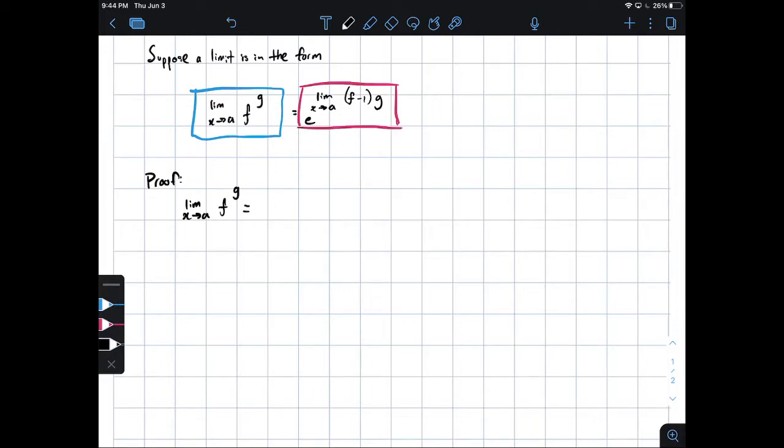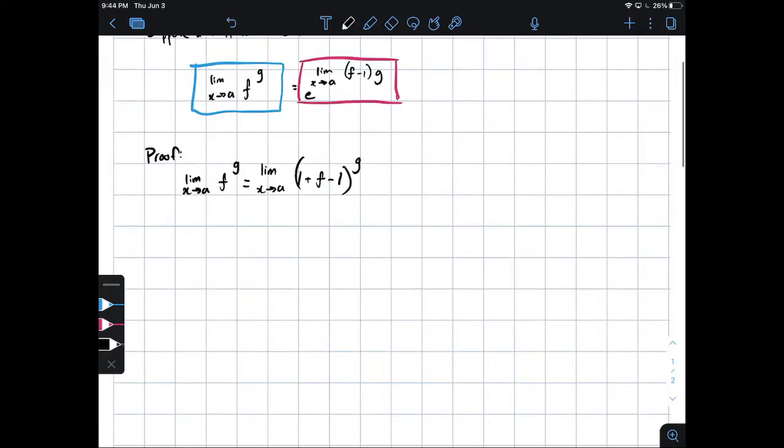Now we're gonna rewrite this as the limit as x approaches a of 1 plus f minus 1, all to the g. And clearly this is mathematically sound as 1 minus 1 is equal to 0, and we're just left with the original f to the g.